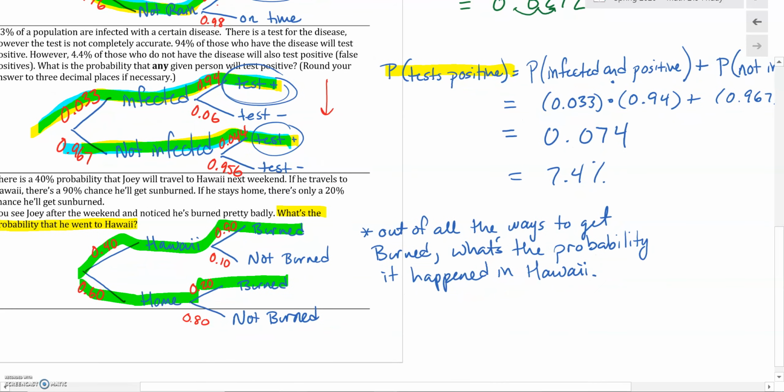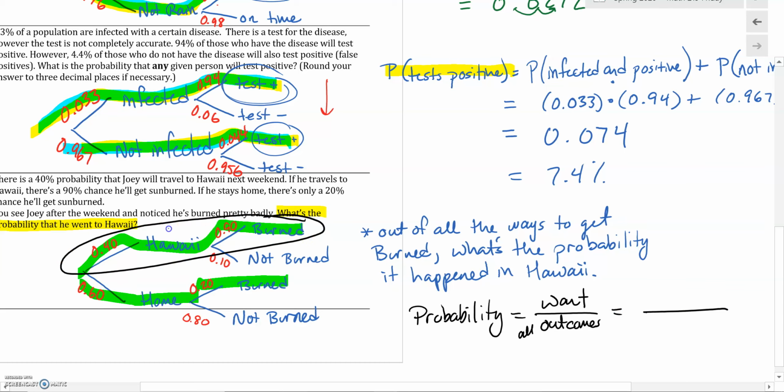Okay, remember, probability, you could think of that as what we want, or the number of ways to pull off a success over all the possible outcomes, right? All outcomes. So what we want is we want to know, did he get it in Hawaii?